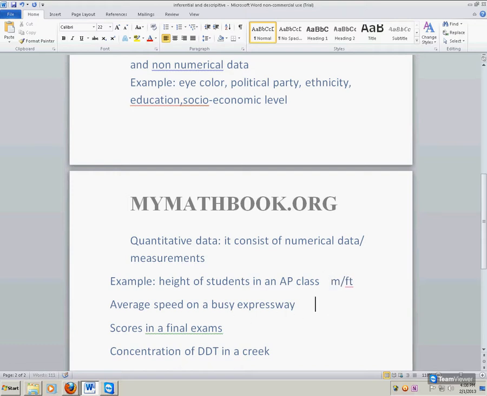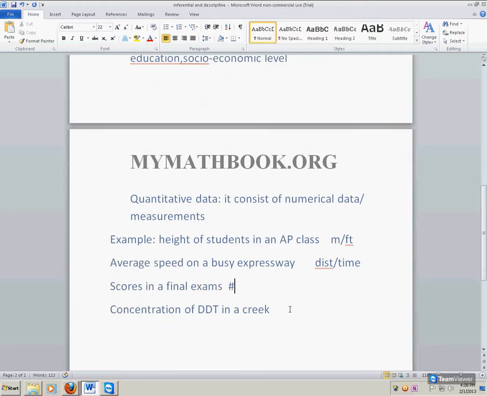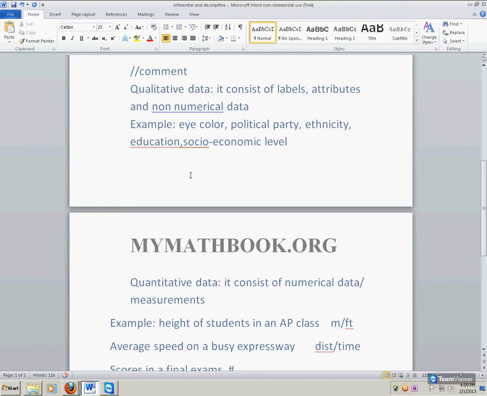Average speed is going to be distance over time, and the scores in exams are going to be a particular number. And then concentration is a certain mass per cubic decimeter. So these are some of the examples of quantitative data.